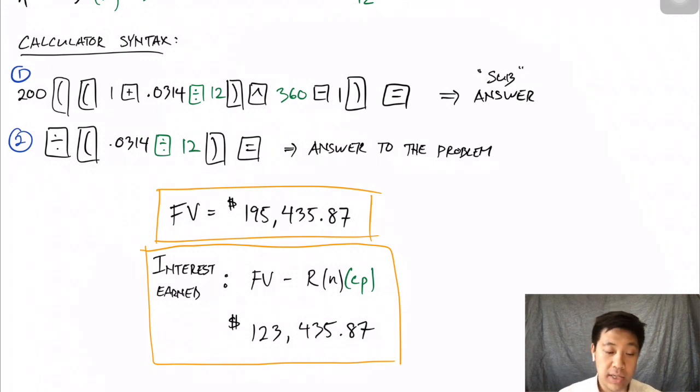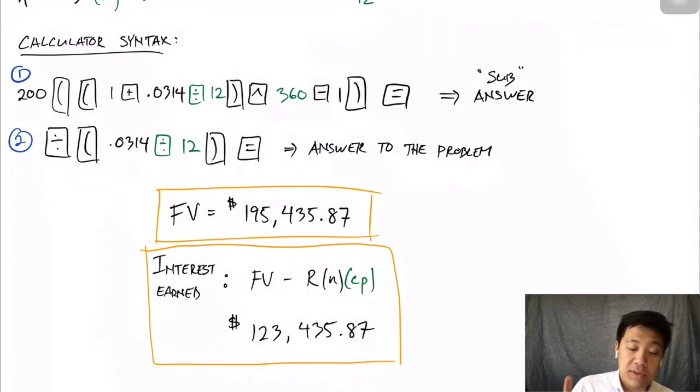It's not even 200 times 30 because you didn't put $200 away once a year for the next 30 years. It was actually $200 every month for the next 30 years, which is that 360. Okay, that wraps up the future value problem, solving for the future value variable.